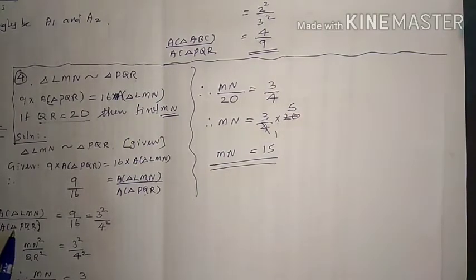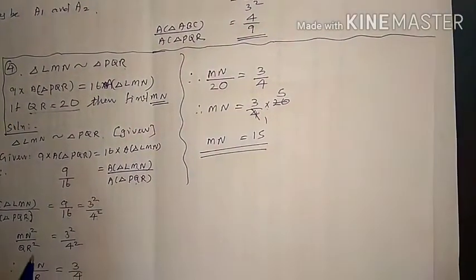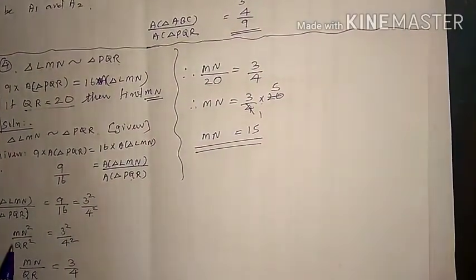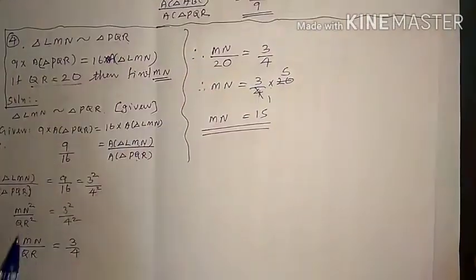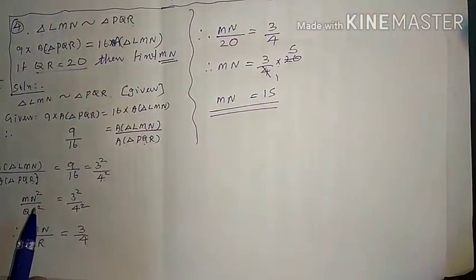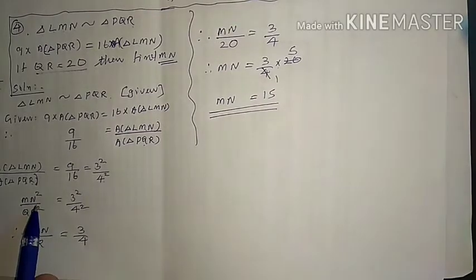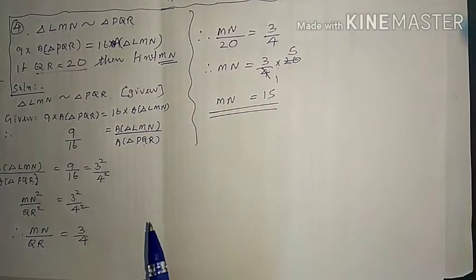Ratio of areas of two similar triangles is equal to ratio of squares of their corresponding sides. We have the theorem, so we put that one here. In the left hand side we have squares, right hand side also we have squares.